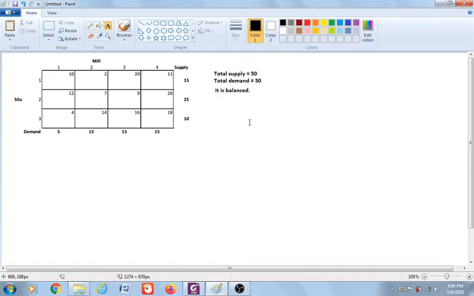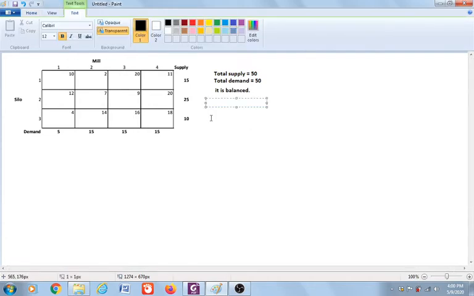Now, to solve the transportation problem, there are two steps. Step 1, finding the BFS.